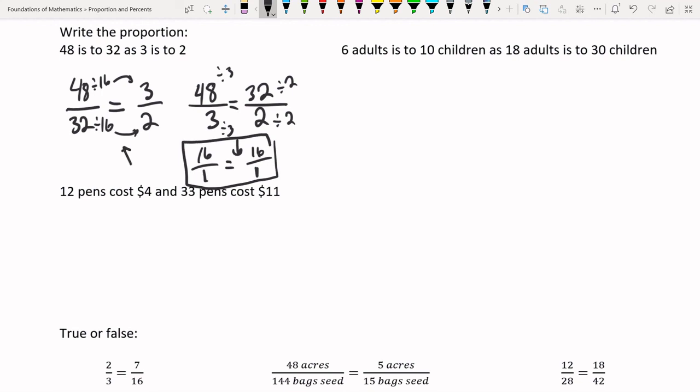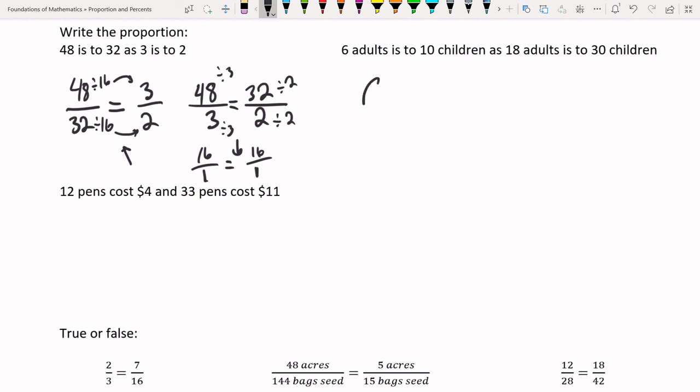So they both work. Now, if I have 6 adults is to 10 children, as 18 adults is to 30 children, what I'm going to suggest to you is to always have a ratio equals a ratio. And a ratio has the units cancel, meaning the units are together.